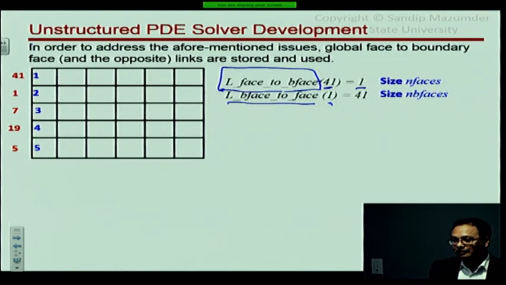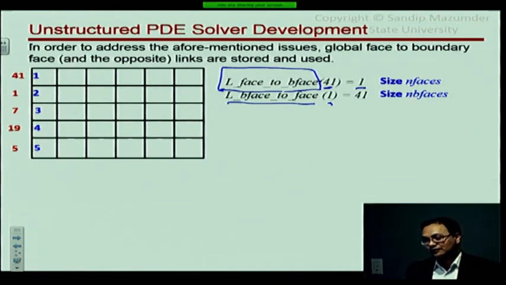So you don't need double precision integer storage. You need single precision integer storage, which handles up to 10 to the power 15, which is plenty for the number of cells or faces. Single precision integer storage is 2 bytes, as opposed to double precision real numbers, which are 8 bytes. So it is considerably less compared to real number storage.